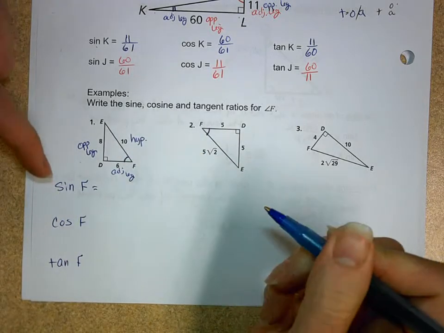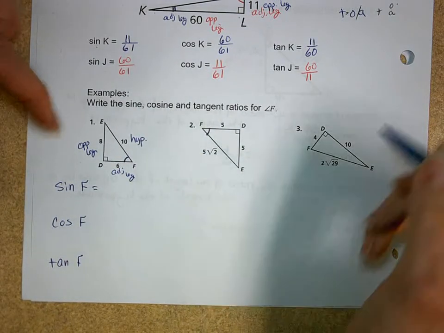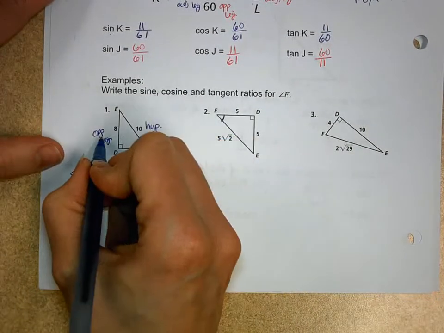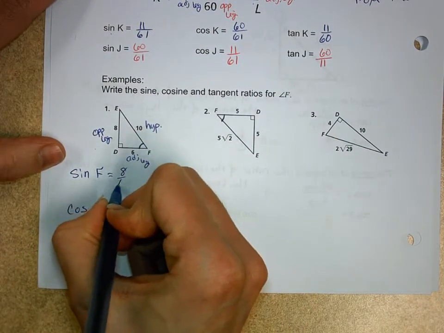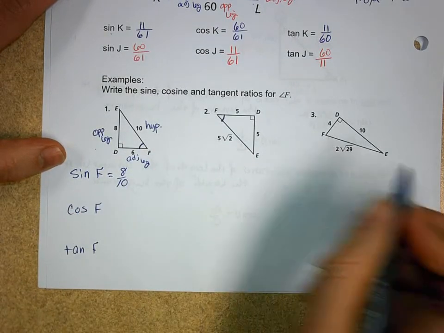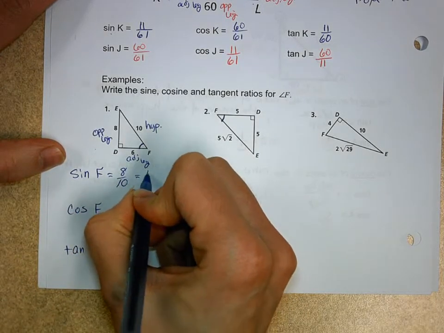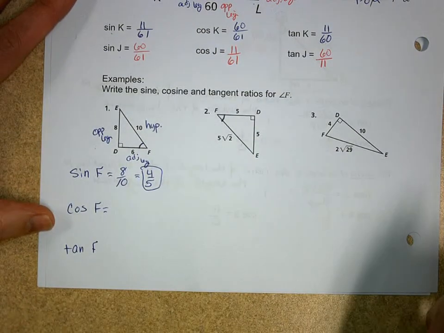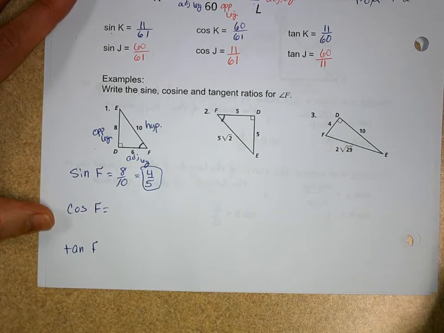So now I'm going to set this up. Sine of angle F. Well, sine, if I go up here again, is opposite over hypotenuse. So opposite over hypotenuse is 8/10. But can I leave a fraction not reduced? No. The ratio is going to be 4 to 5. Cosine of angle F. What do we have for the cosine of angle F?